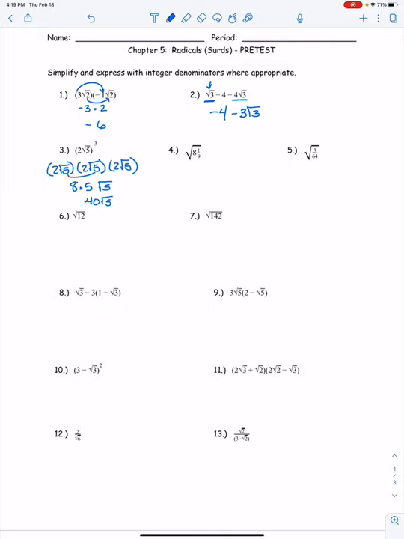Here we go with number 4. On number 4, we cannot do the square root of a mixed number. So we need to change this into an improper fraction, which I cannot stand that word, but we're going to change it into a fraction. 8 times 9 is 72, plus 1 gives me 73 over 9.